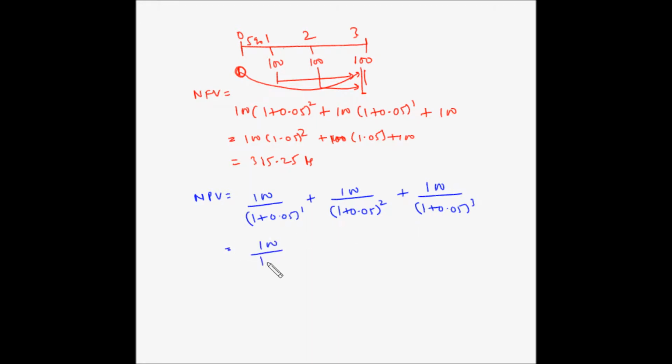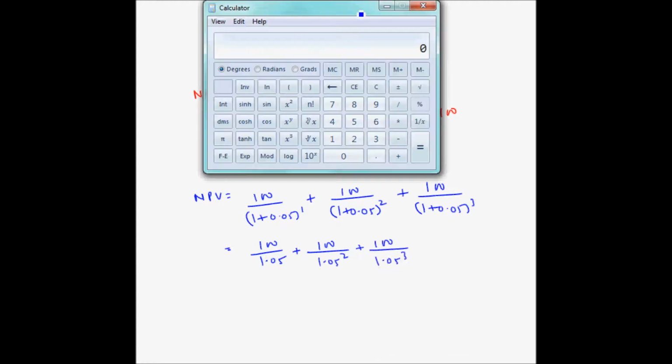So 100 divided by 1.05 plus 100 divided by 1.05 square plus 100 divided by 1.05 cube. So 100 divided by 1.05 is equal to 95.24 plus 100 divided by 1.05 square, which is 90.70.